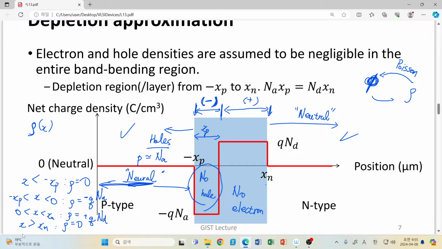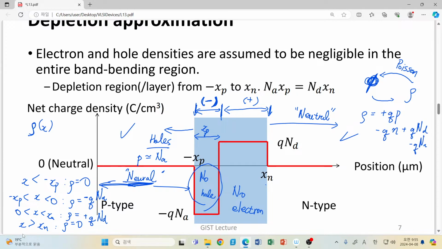How can you do that? At equilibrium, please try to remember. Your net charge density is simply given by positive q times p, the contribution from your holes, and minus q times n, the contribution from your electrons, and all other position-dependent quantities like your donor density and acceptor density.